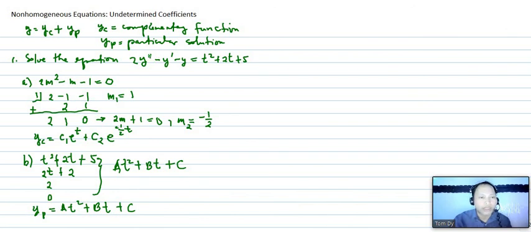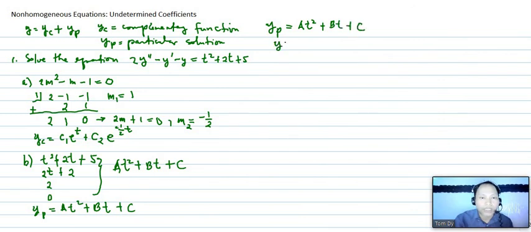If this is a third derivative, then we will take the third derivative of y sub p. Since this is only a second derivative, we will take the derivative of y sub p up to the second derivative. Again, I will write y sub p from this part. Y sub p is equivalent to a times t squared plus bt plus c.